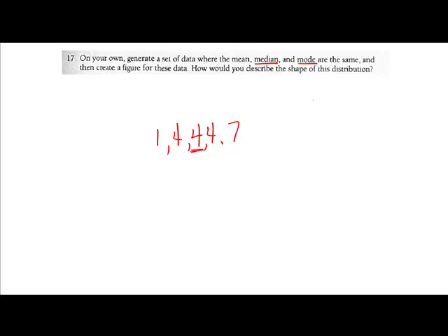Let's check the mean. 1 plus 4 plus 4 plus 4 plus 7. 1 plus 4 is 5. 5 plus 4 is 9. 9 plus 4 is 13. 13 plus 7 is 20. 20 divided by 5 numbers is 4.